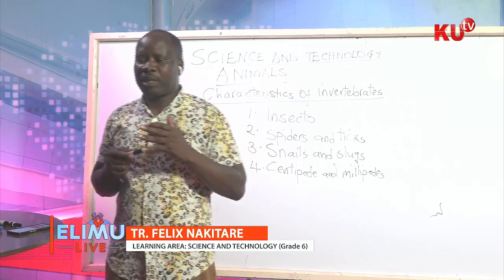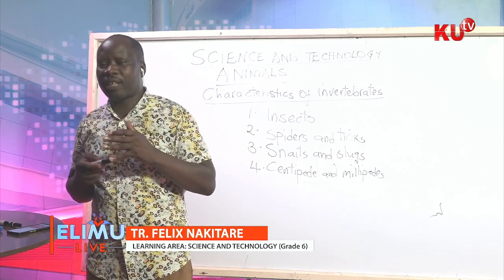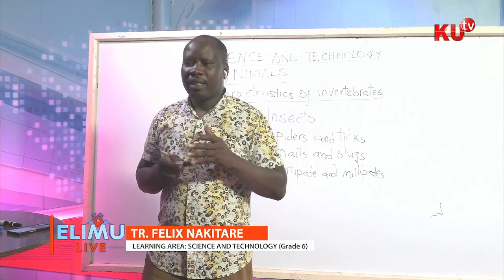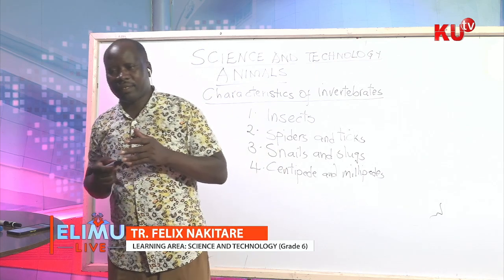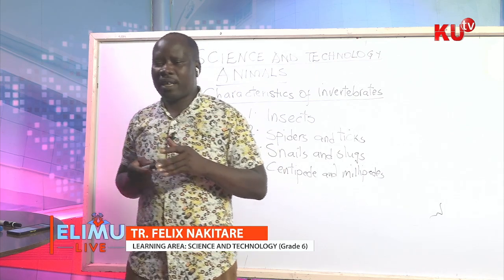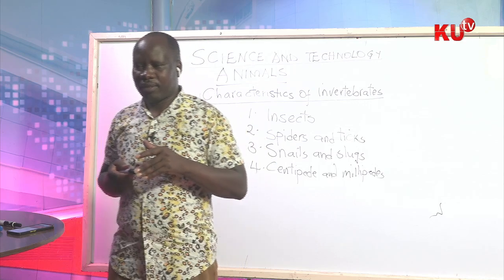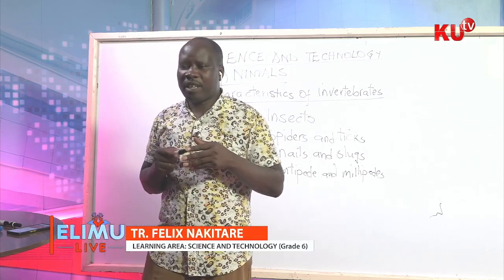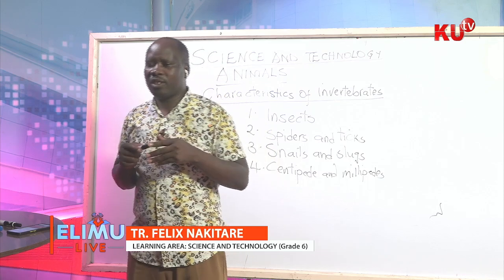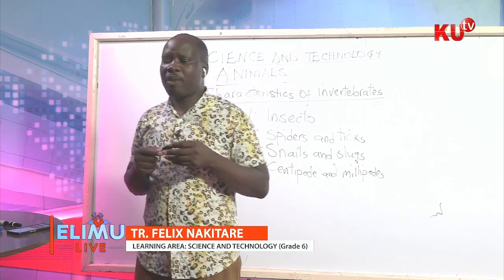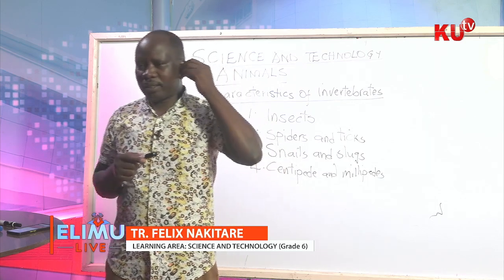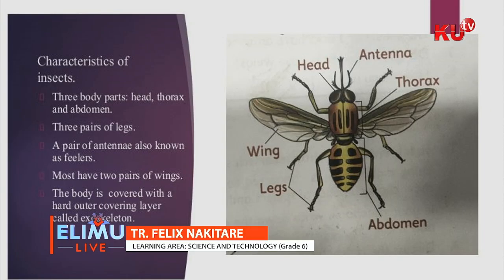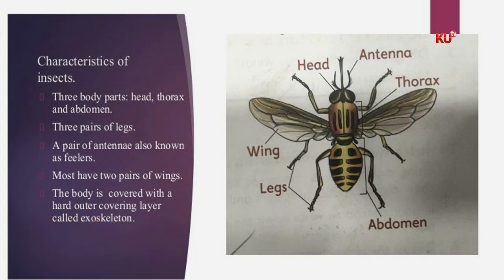Number 1, they have 3 body parts, the head, the thorax, and the abdomen. They have 3 pairs of legs. They have 2 pairs of wings. They have a hard outer covering part called the exoskeleton, and most of them have 2 pairs of wings. That makes what is called insects.